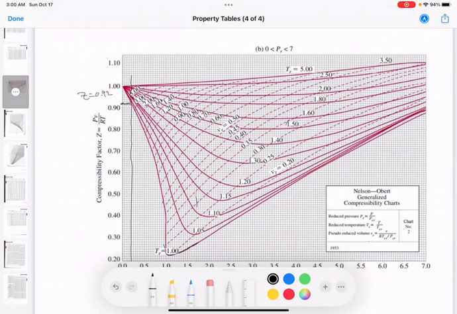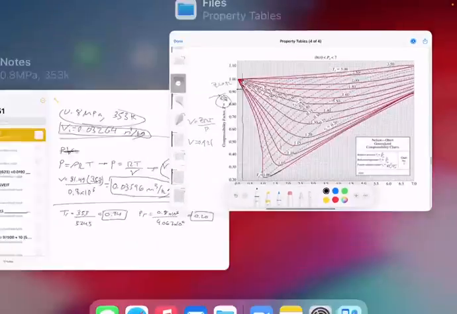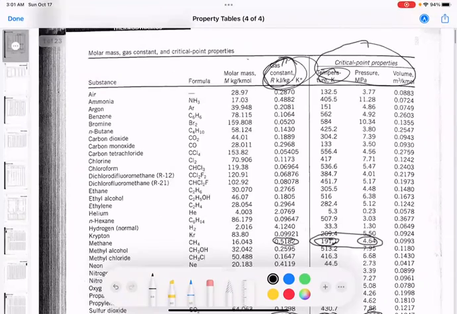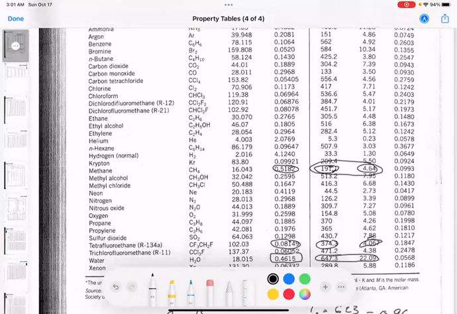Now, if we take that Z equals 0.92 and we use this equation, we can just solve for the specific volume. So isolating right away for the specific volume, we have V equals ZRT over P. Okay, so that means V equals 0.92. R we can get from this column here. For refrigerant 134A, we already got R before.